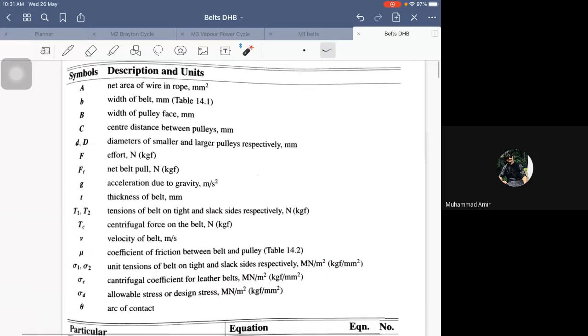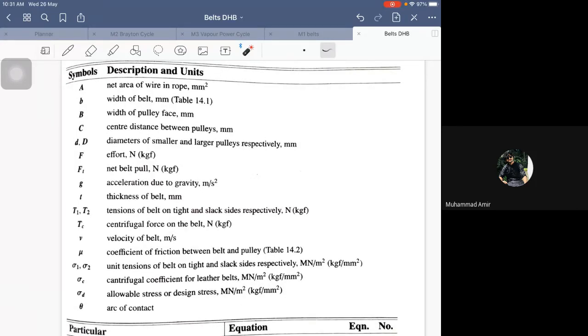For example, net area of the wire in a rope. What do you mean by A in that sense? Suppose there is a pulley like this. Upon this pulley there would be a belt which will be wrapped. If I cut it at this edge and look, the cross section would appear something like this.